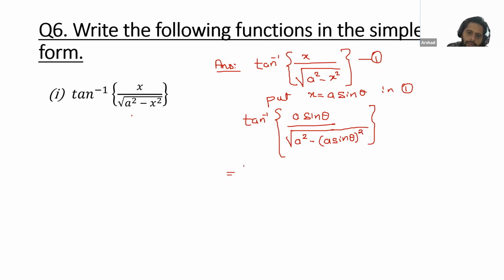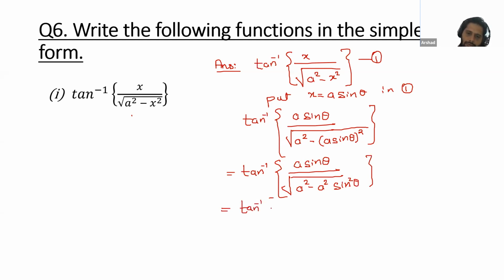Then here we will get tan inverse, a sine theta by under root, and here we will get a square minus a square sine square theta. So this is equal to tan inverse.